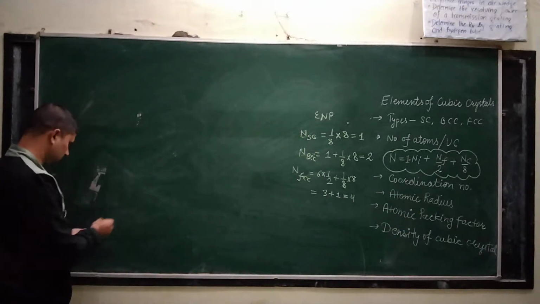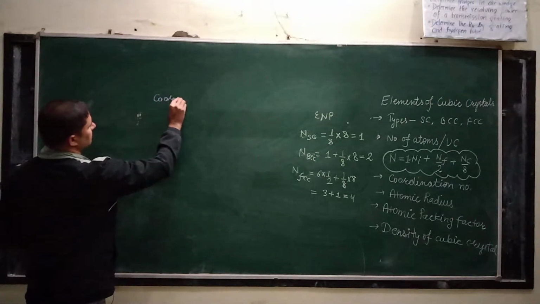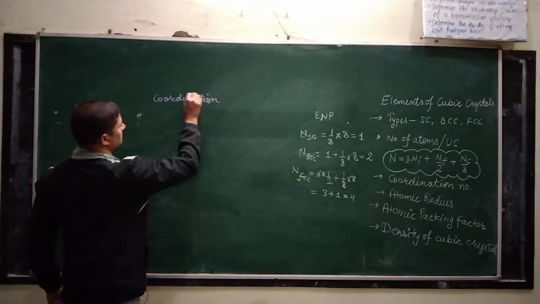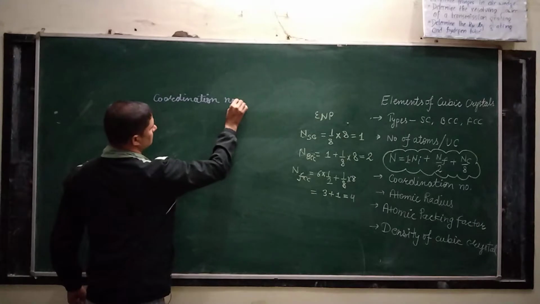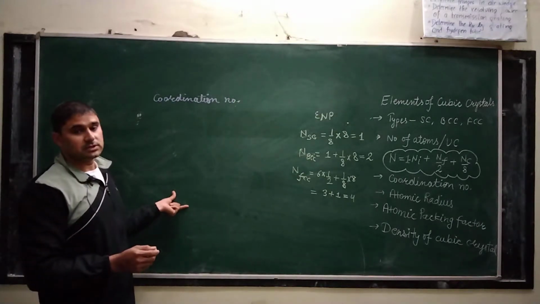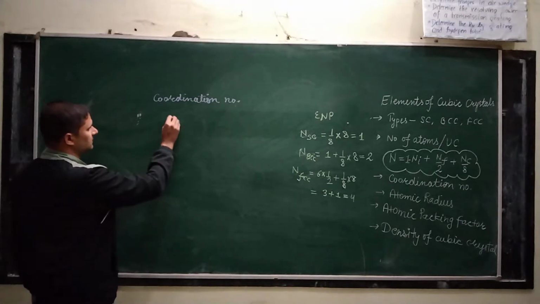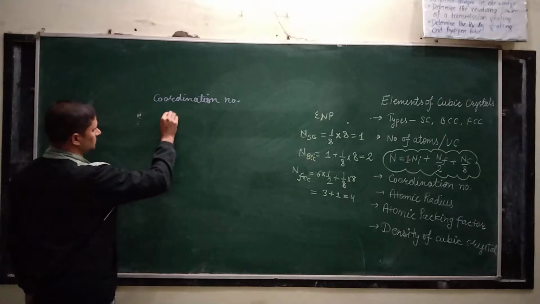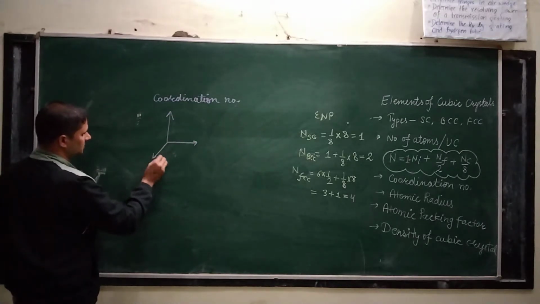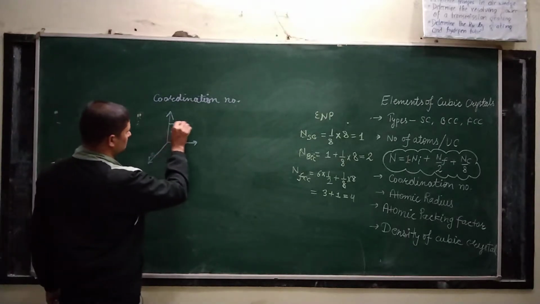Coordination number is the number of particles which are closest to the atom. You see, I am making a simple cubic, or you can make a body centered cubic.